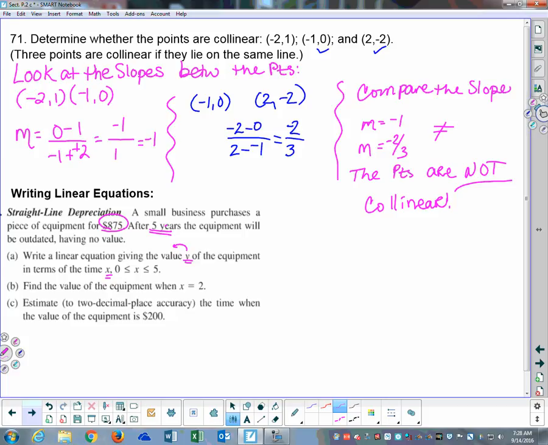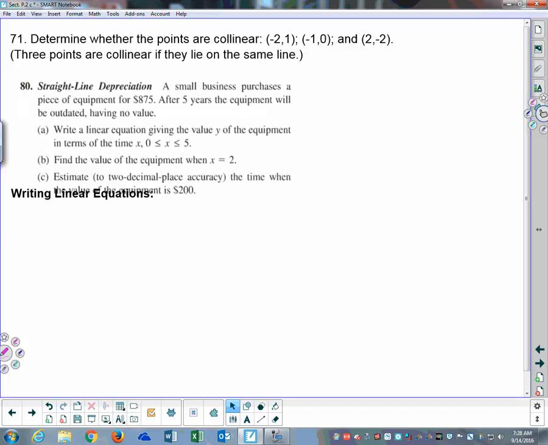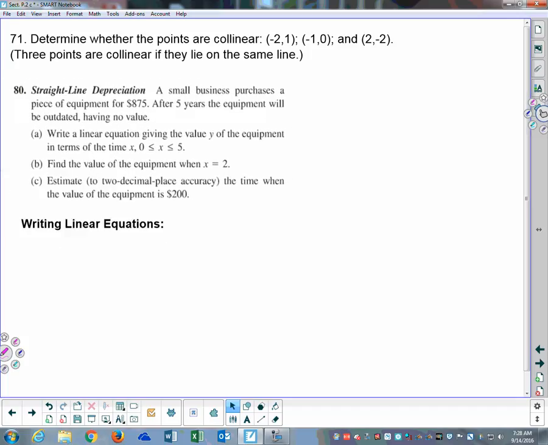So what I'm going to do first is figure out how much per year we have to lose on this equipment, depreciating it out. So I'm going to take 875 and divide it by 5 years.